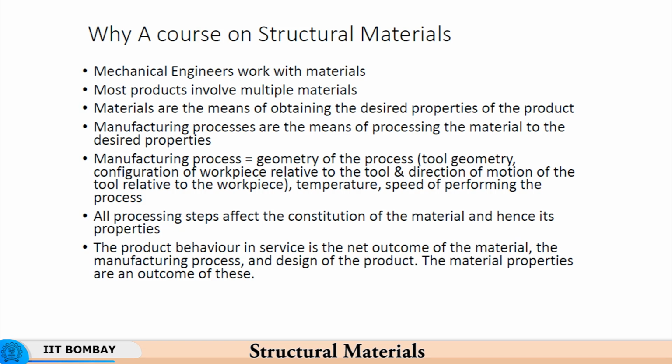Different grades of metals are used, and you have tires and seats which are made from non-metallic materials. So materials are the means of obtaining desired properties of the product, and therefore we need to understand the properties of every material and then match them with what is required.